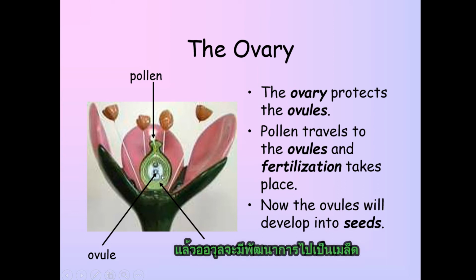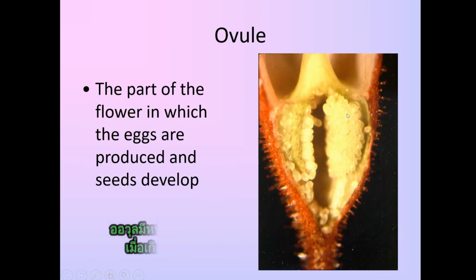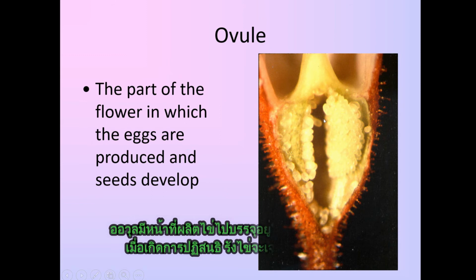Now the ovules will develop the seeds. Inside the ovule the seeds will be developed. This is the part of the flower in which the eggs are produced and seeds develop.